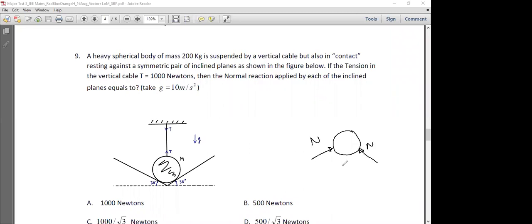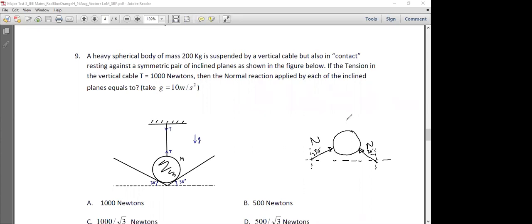No? So you can see this will be such that, okay, the inclined plane is making 30 with the horizontal. So the normal reaction will make that same angle 30 with the vertical. This angle will be 30. Similarly here, this angle will be 30. Okay.